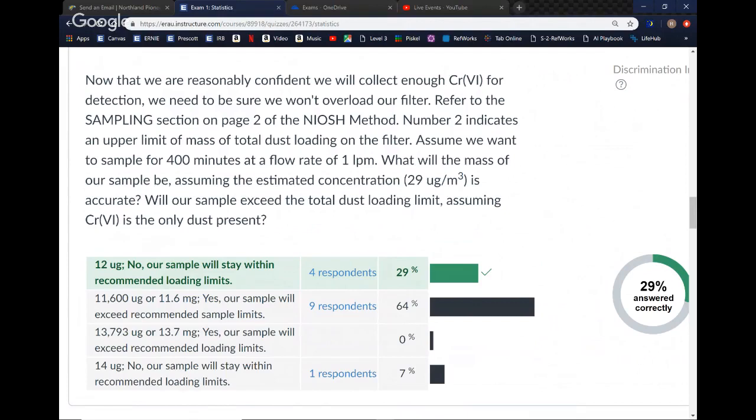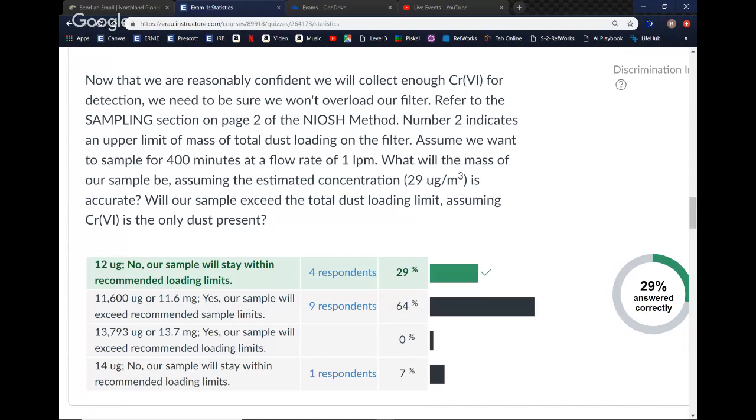So my liters cancel, my cubic meters cancel, and then I'm left with this number, which I'm not going to try and do in my head. I'll wait for you guys. You'll be faster than me with this. That's going to be around 1,200.